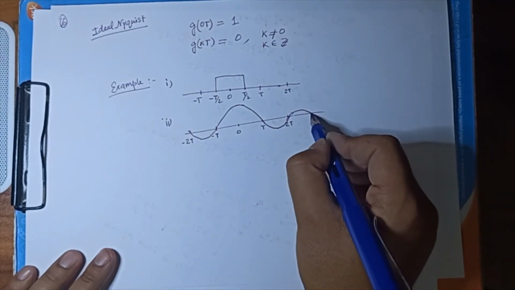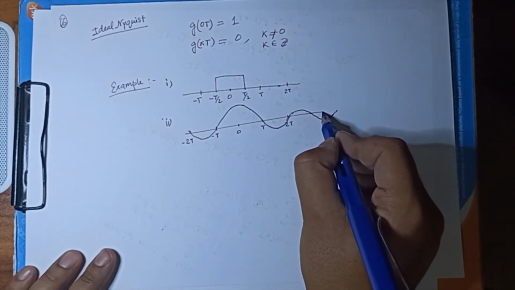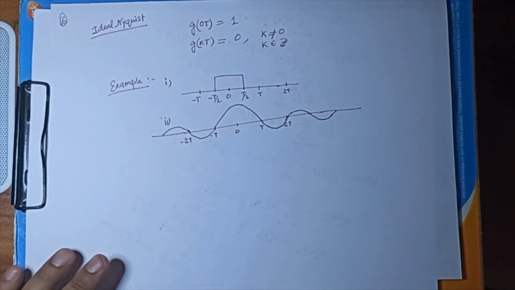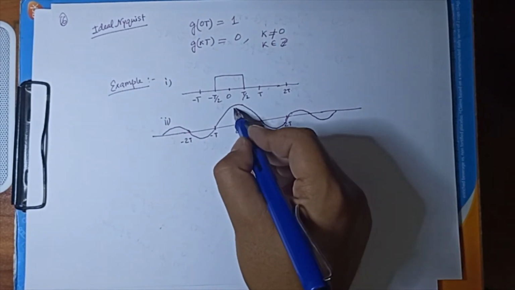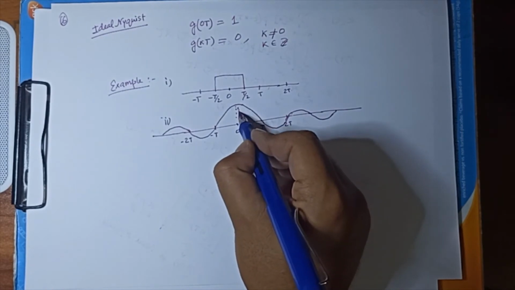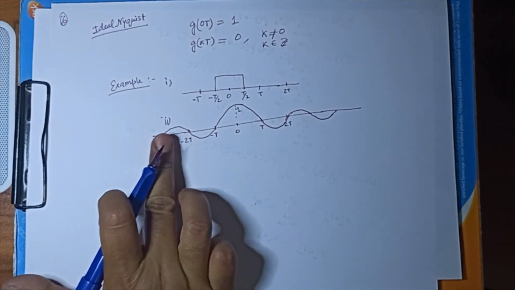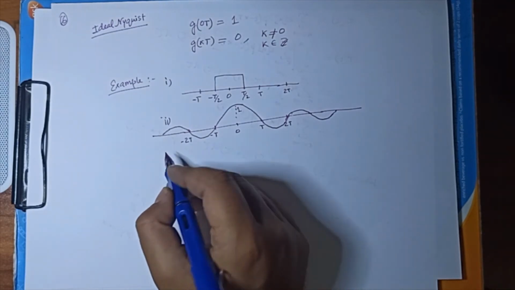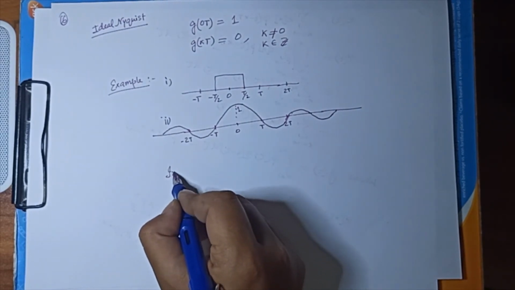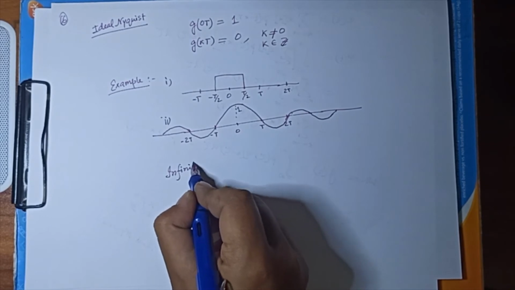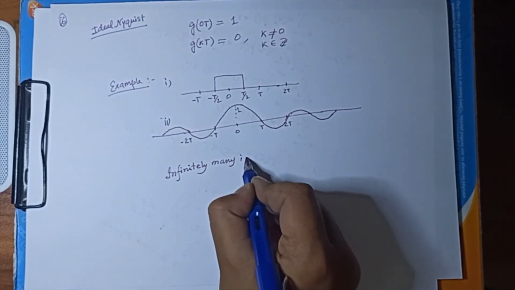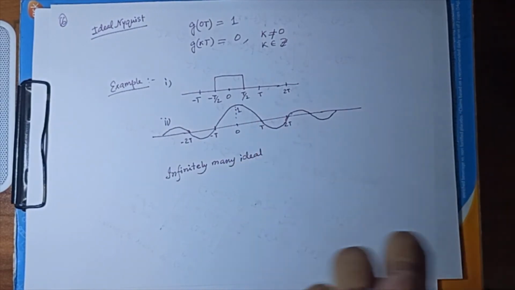You see, all the zeros are at integer multiples of the time period T. Except at 0, where it is 1, everywhere else it is 0. So that is also ideal Nyquist. So there can be infinitely many such ideal Nyquist waveforms, and these two are the trivial examples which we have been doing from the very beginning.